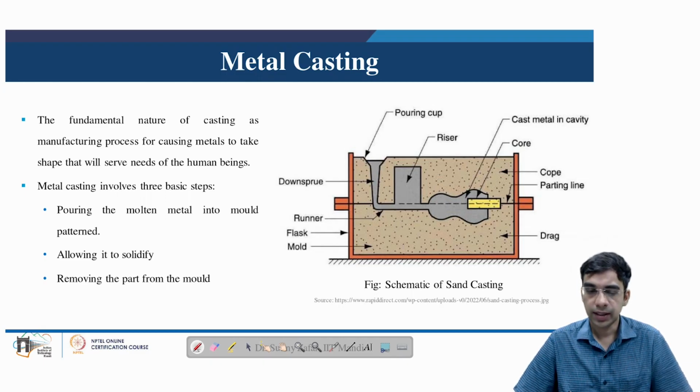Sand casting, for example, is shown here, where we have two parts of the mold. The upper part is known as the cope, the lower part is known as the drag.